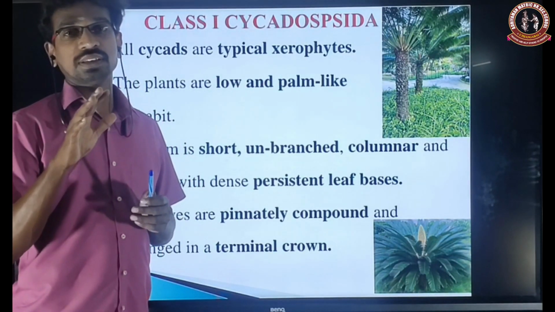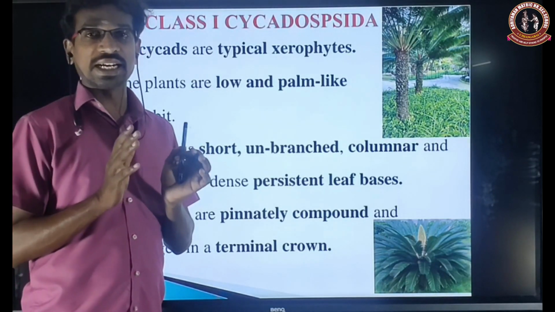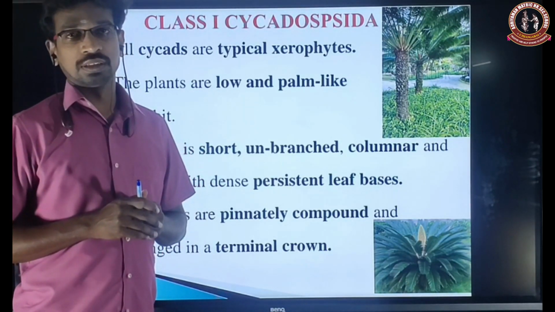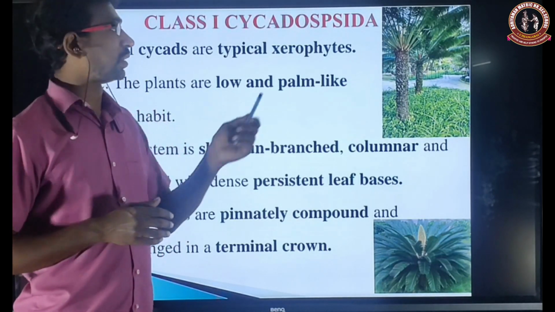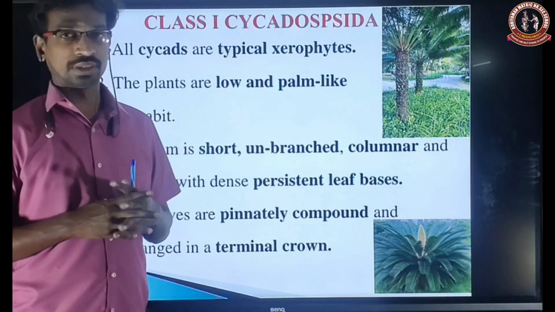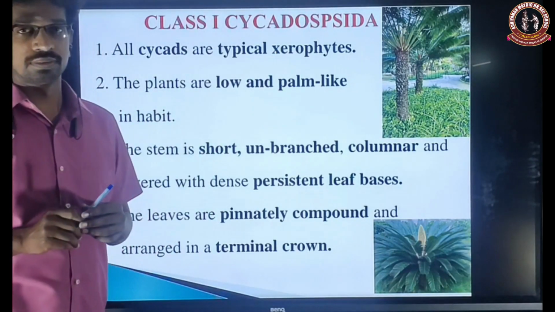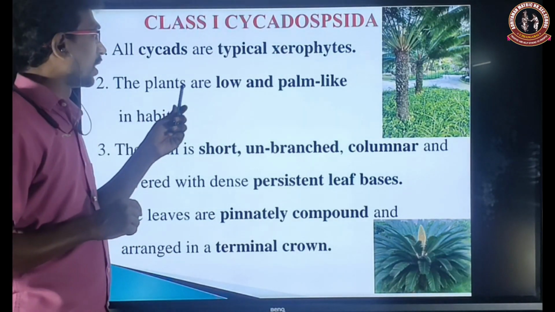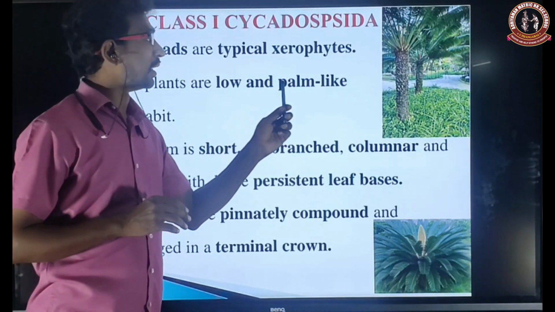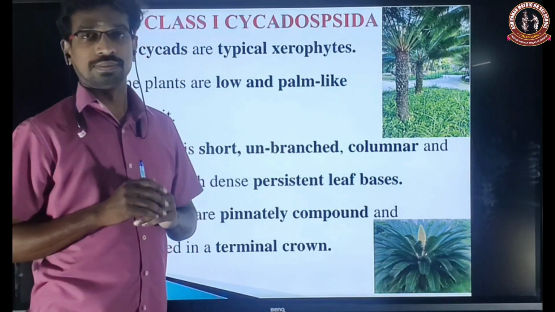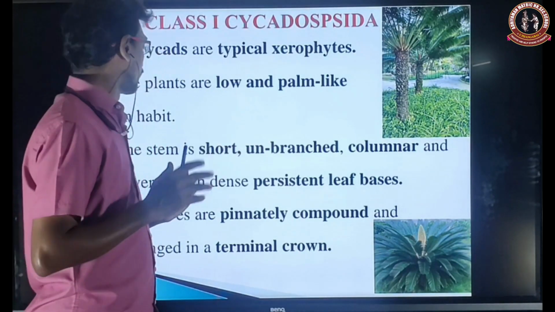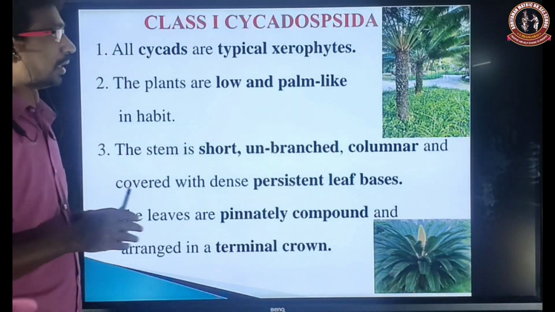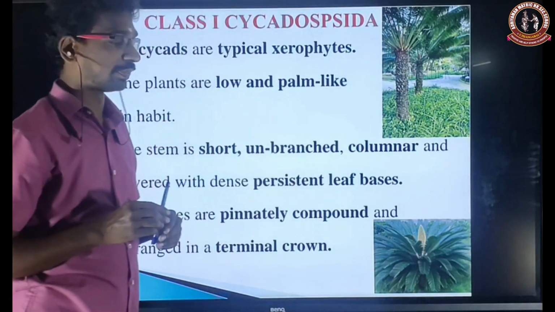The plant grows in dry conditions, where the scarcity of water is very high, and this plant does not require much water, so that is a xerophytic condition. The plants are low with a palm-like structure. It looks like a palm tree in the habitat.